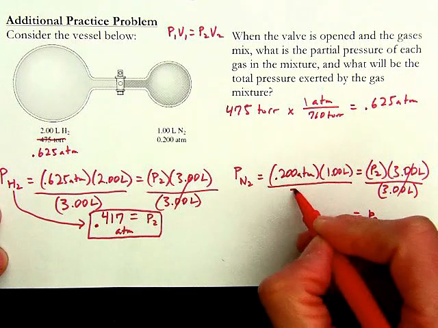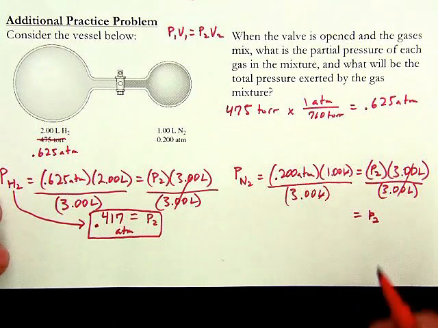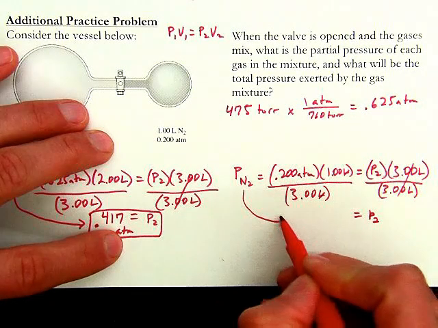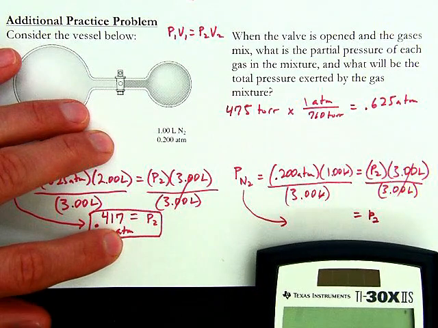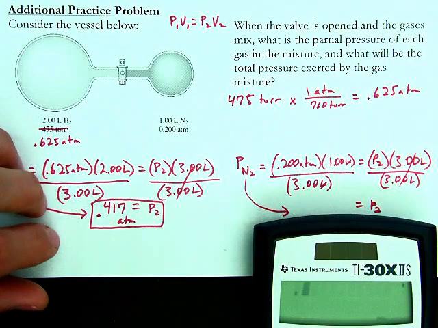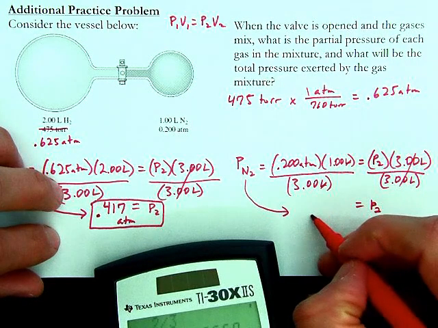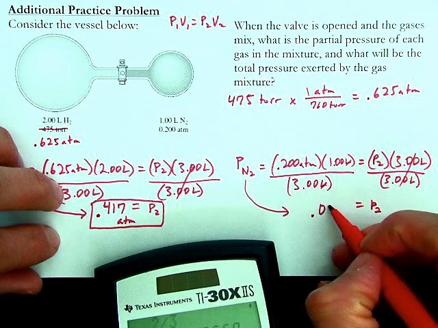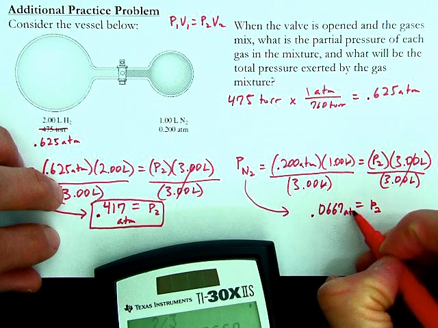Whatever we do to one side, we do to the other. Liters will cancel, giving us our partial pressure of the nitrogen. We're going to have 0.2 times 1 is the same number divided by 3. You get 0.0667 ATM.